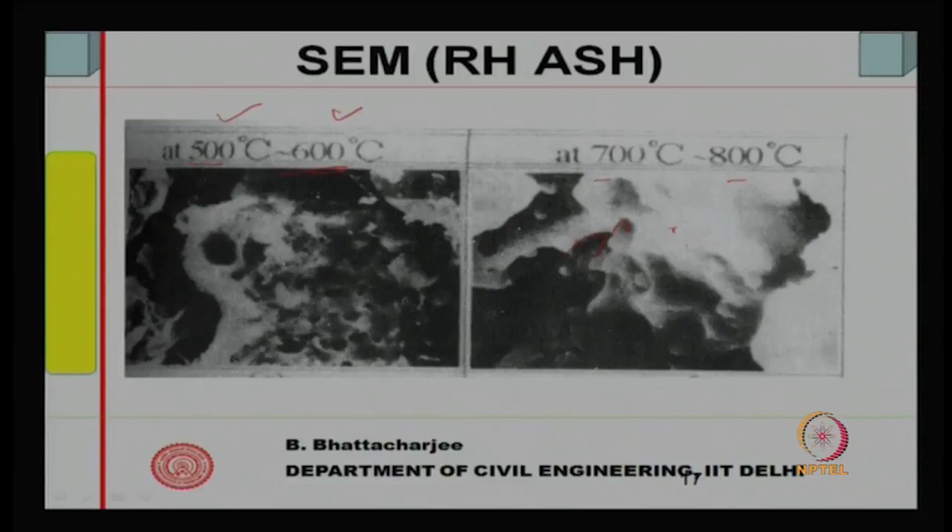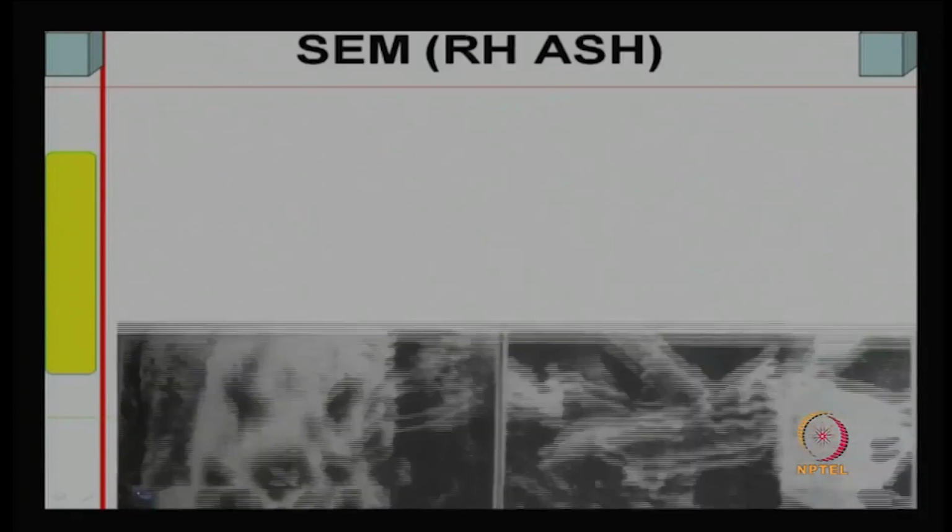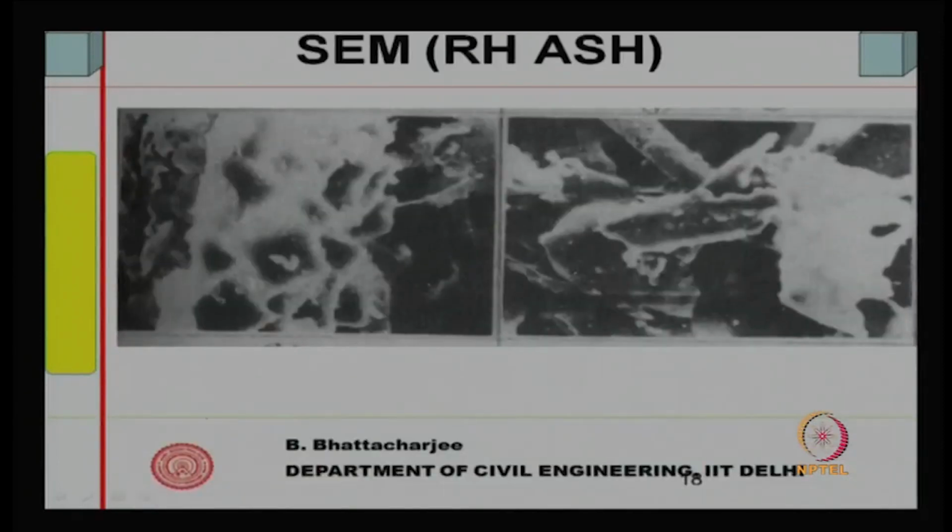So, depending upon the temperature, you find that their nature differs slightly, and at higher temperature, see this shows the cellular structure of this material, they are cell like, you can see these are holes in between the solid phases. So, they are cellular in structure, and that is why their surface area is very, very large, though the particle sizes are not very large.